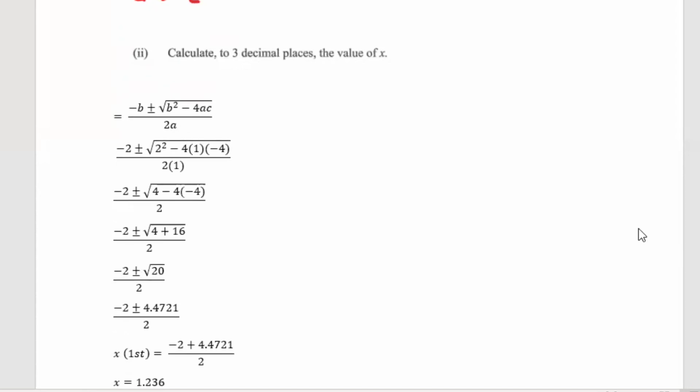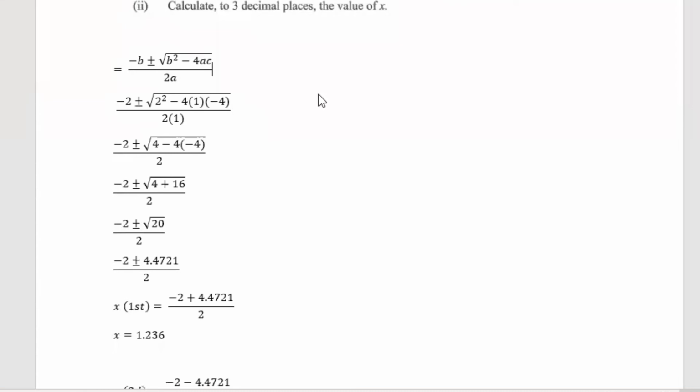Then what we did was to say 1 times negative 4 will give us a negative 4, and 2 times 1 gives us a negative 2 here, and 2 times 2 gives us 4 right here, so 2 squared. After we do that, negative 4 multiplied by negative 4 will leave us with a positive 16 here, as we know that two negative numbers being multiplied by each other will give us a positive number.